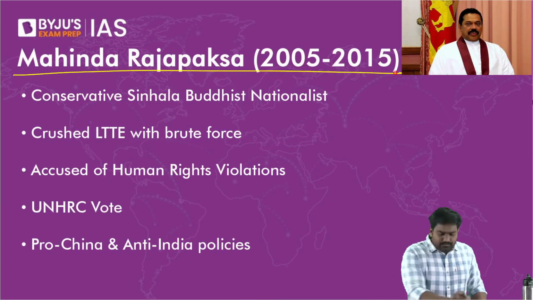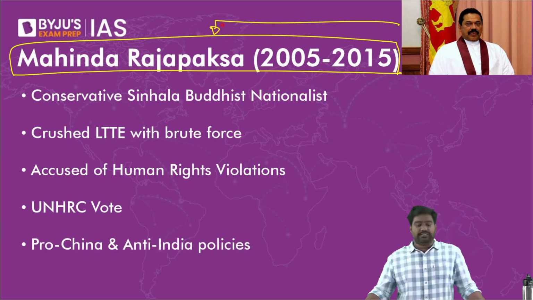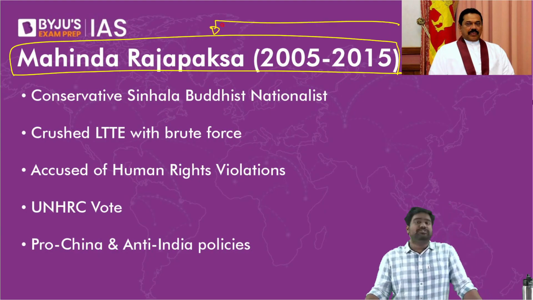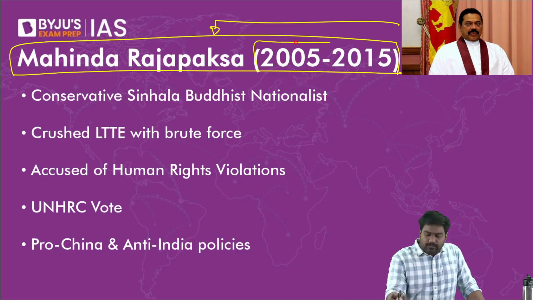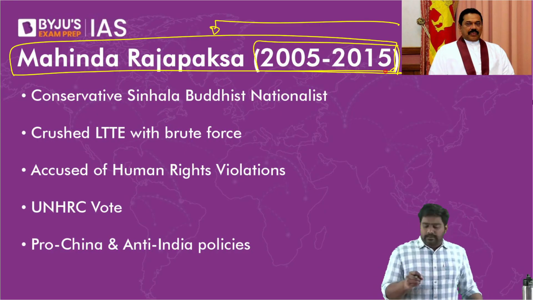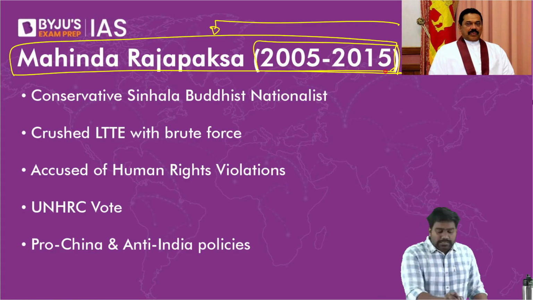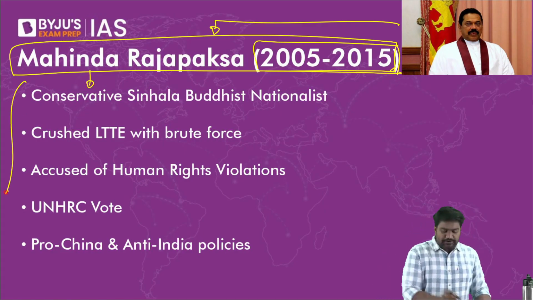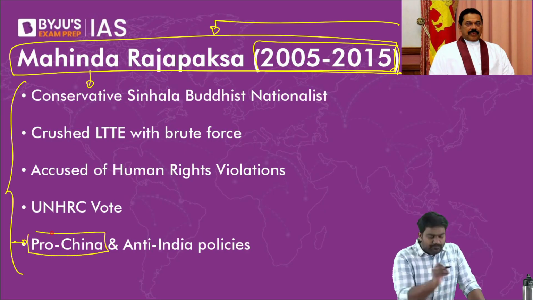Because the Sri Lankan government under Mahinda Rajapaksa created many problems and challenges for India. Mahinda Rajapaksa would remain in power for a decade, from 2005 to 2015. All right? And his brother, Gotabaya Rajapaksa, would remain the defense minister. The Rajapaksa brothers in general have been seen as pro-China leaders.